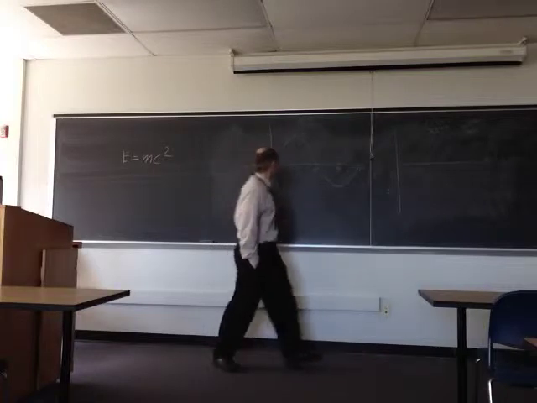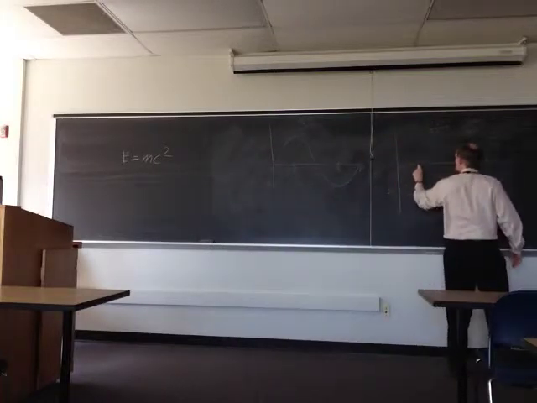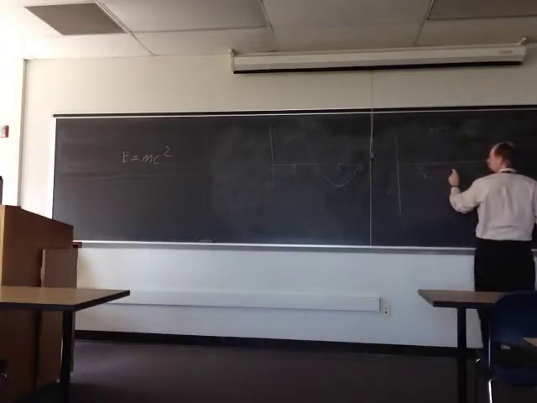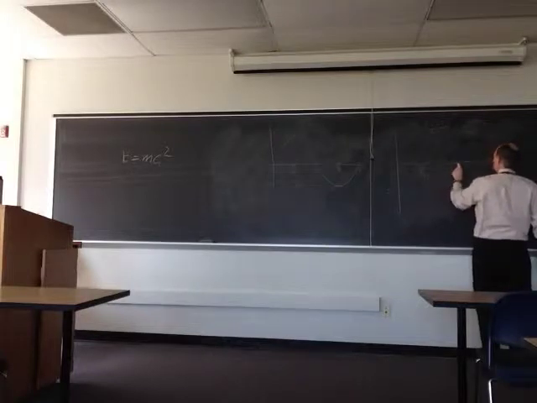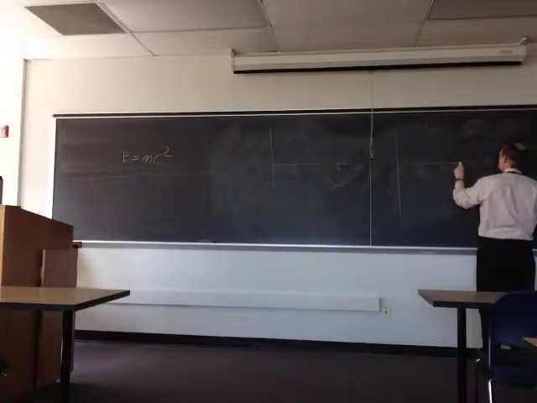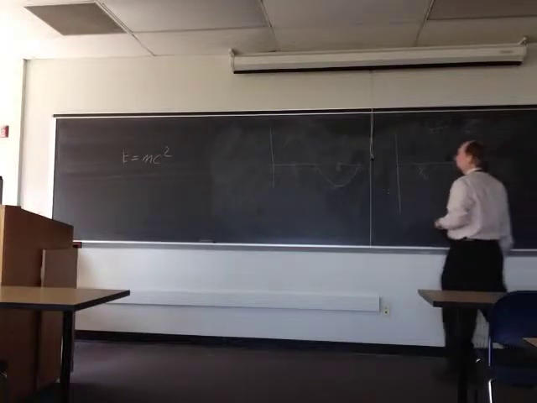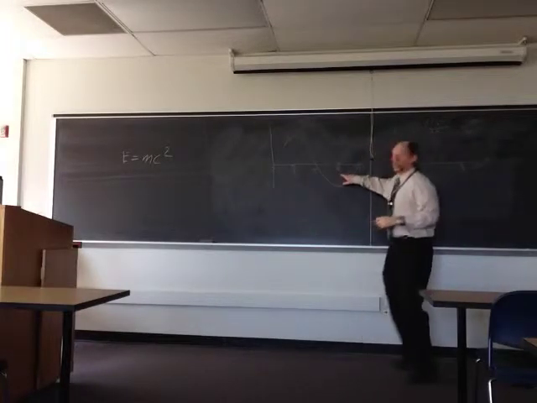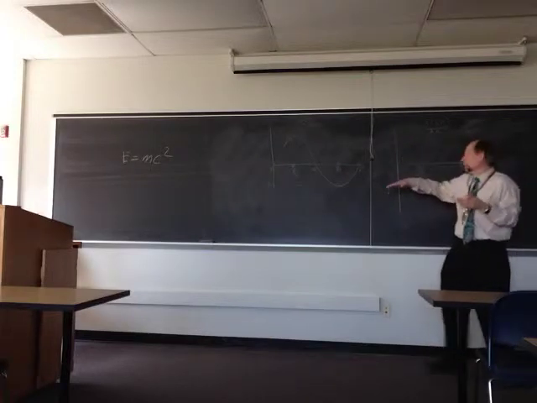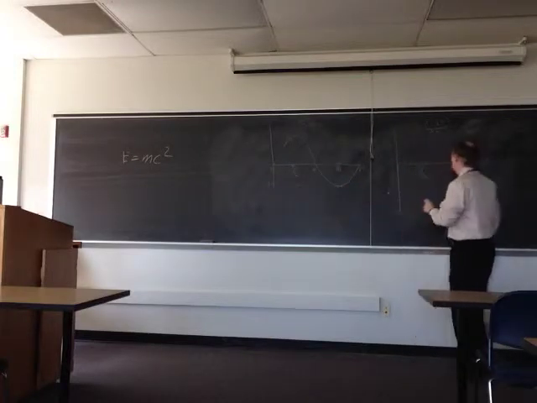Right? So 0, pi over 2, pi, 3 pi over 2, and then 2 pi. At pi over 2 and 3 pi over 2, the slope of the sine is 0.